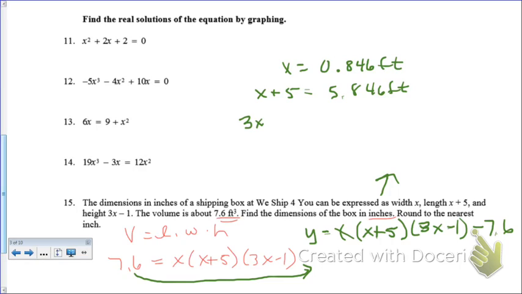And then 3x minus 1 is the height, so I'm going to put that 0.846 into that expression, and I get 1.538, maybe, feet. Now, it did ask for my dimensions to be in inches, so to convert those all from feet to inches, just multiply them by 12, and the result is going to be your dimensions in inches.